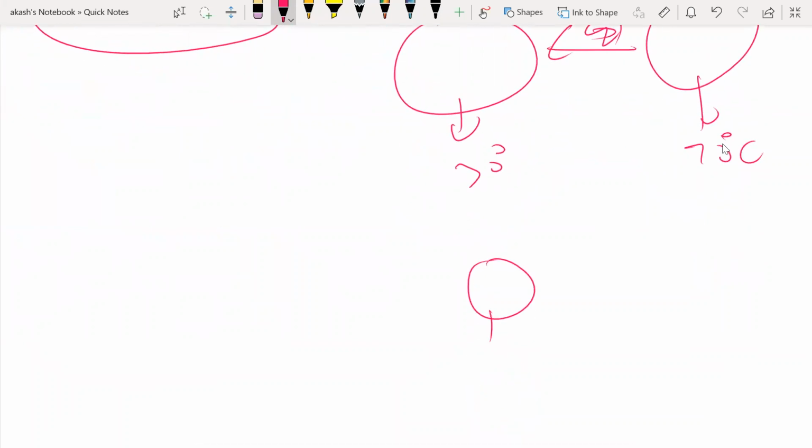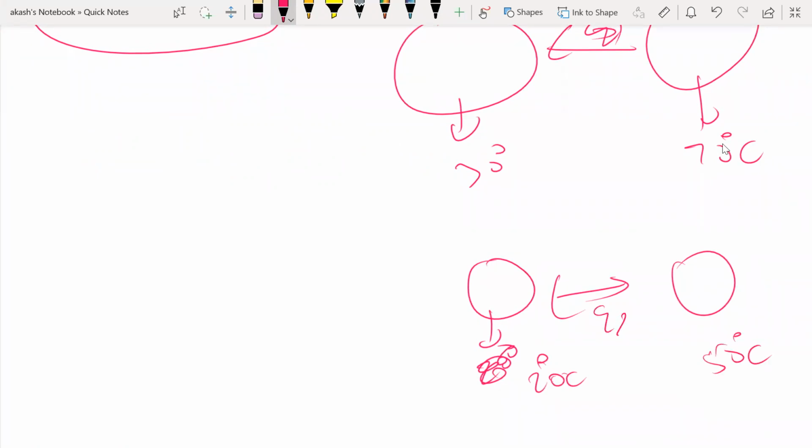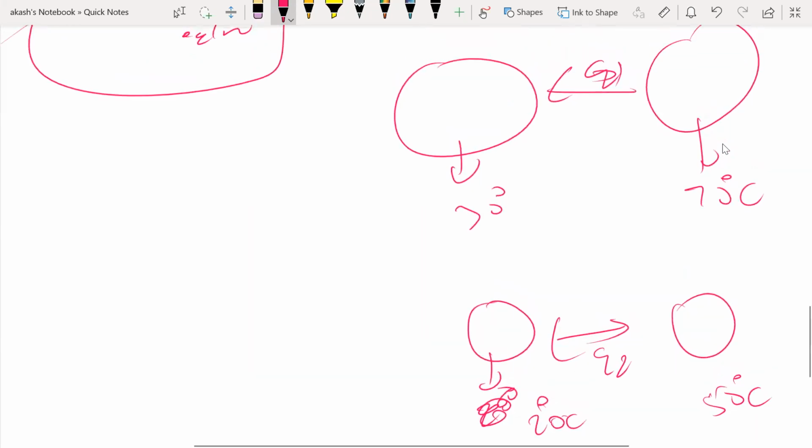And another case is at 20 degrees Celsius, and this side I have, I will take, 50 degrees Celsius, and this I am telling is Q2. Now this time, which is greater, which is lesser? This time both the temperatures are different. Now how will you do?